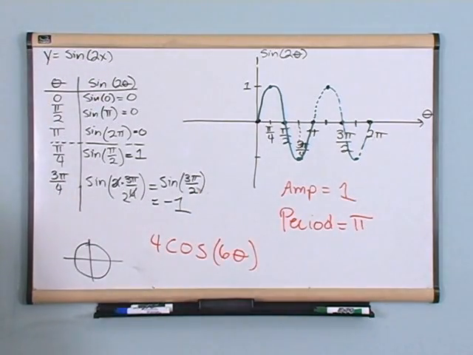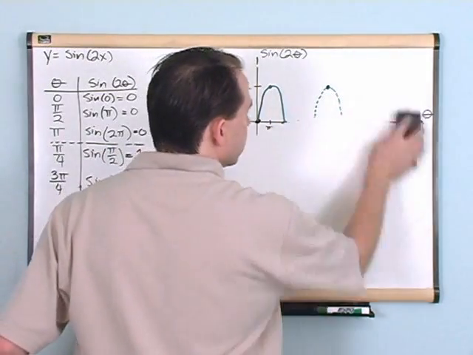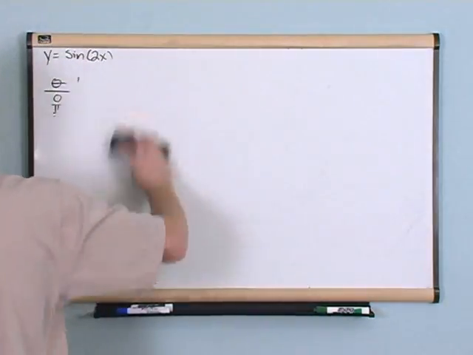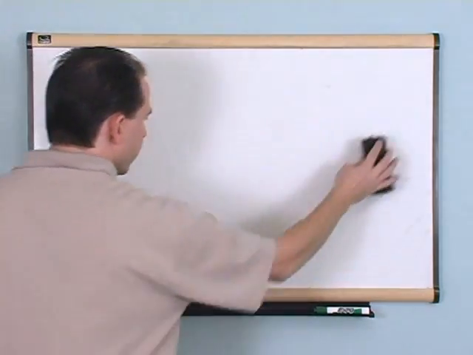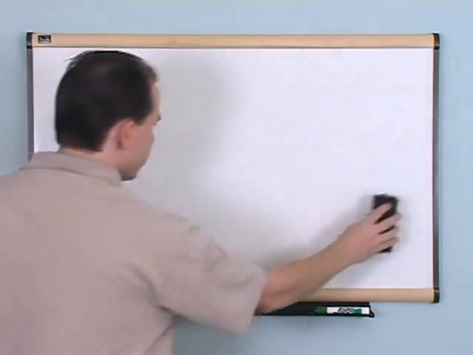Of course you can get a graphing calculator out and convince yourself of that, and you can do a plot in a matter of seconds. But I think it's useful to know where this stuff comes from, and you'll be asked to do that kind of thing on a test. I have no doubt of that.